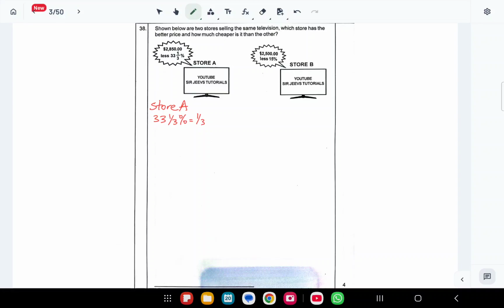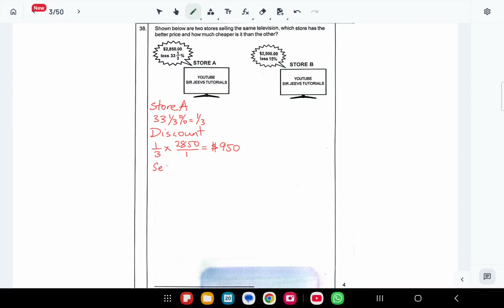First thing we need to do before we can calculate the selling price is the amount of discount that was given. So to calculate the discount, it will be 1/3 multiplied by the cost price, which is $2,850 over 1. And that will give us $950 off, which is less. All right, so less $950.